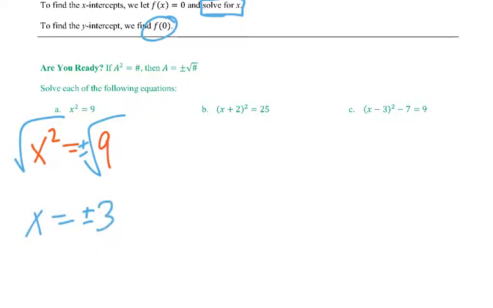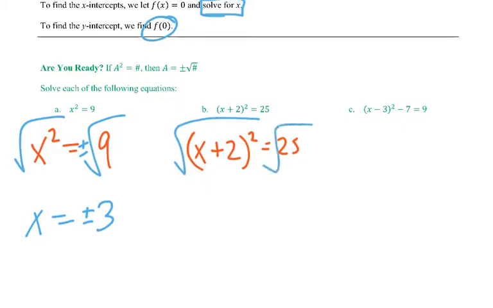For the next one, we have the quantity x plus 2 squared equals 25. To solve for x, we're first going to take the square root of both sides. Remember, that's going to give us a positive and negative result for that square root.